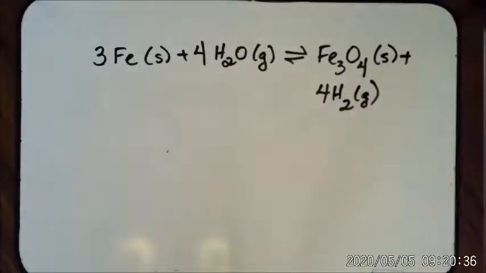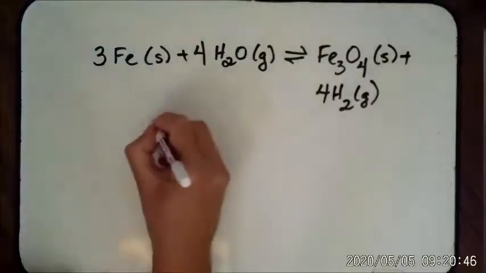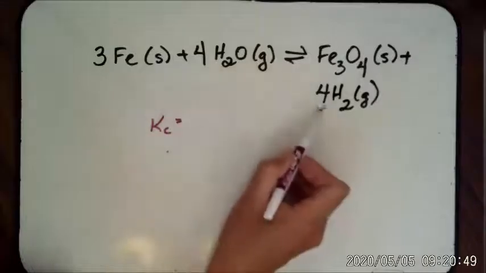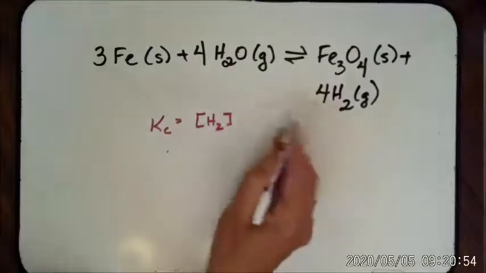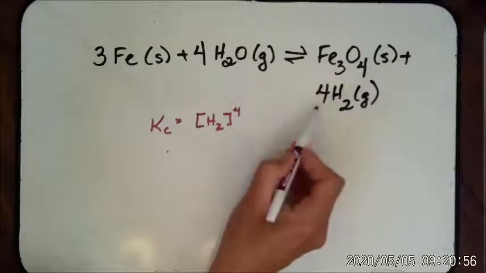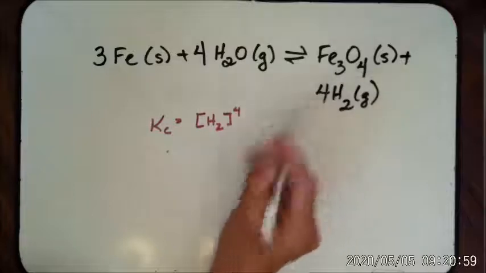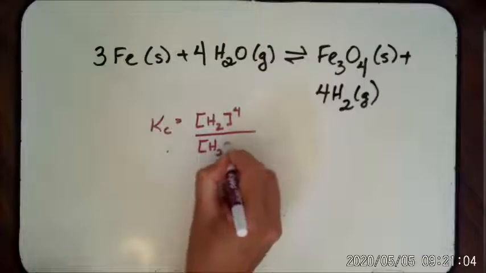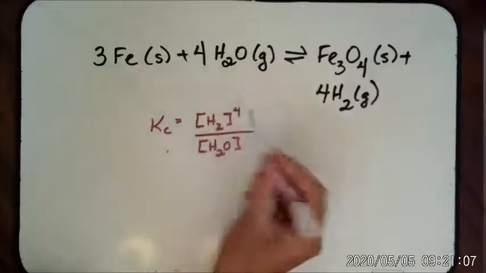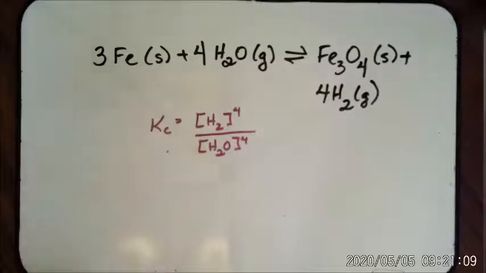In this case, Kc would be products, so the concentration of hydrogen gas to the 4th power. The iron is a solid, so that doesn't get incorporated, divided by reactants: the concentration of water vapor to the 4th power.